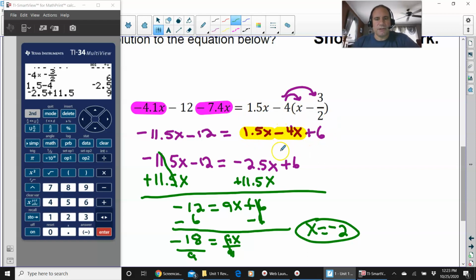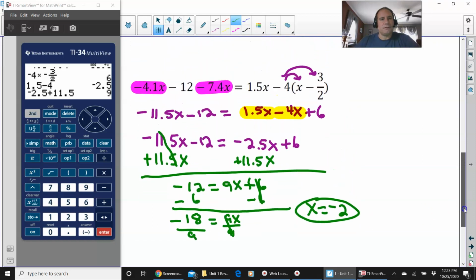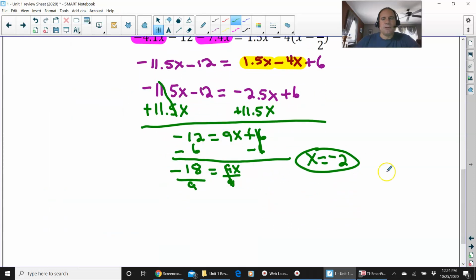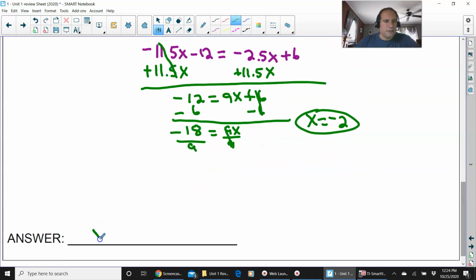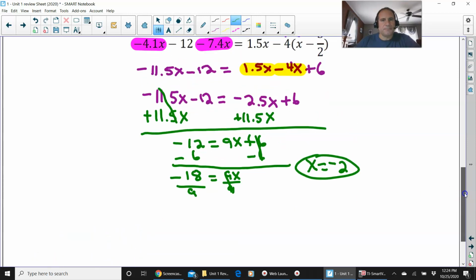Combine the like terms first. Get it like two terms on each side, then get those x's together. X equals -2. You are finished with this problem. That is a full credit problem. You do have to put the answer on this line. X equals -2 is your answer, and that is full credit.